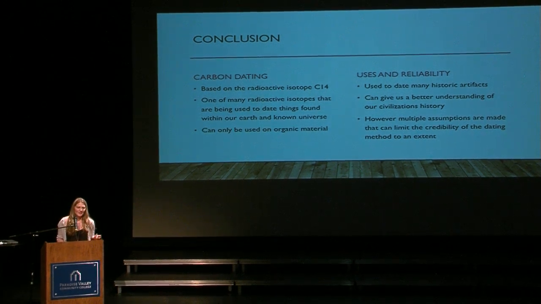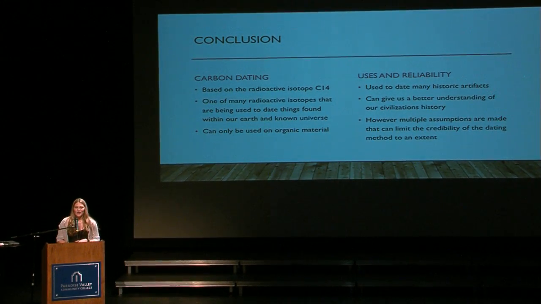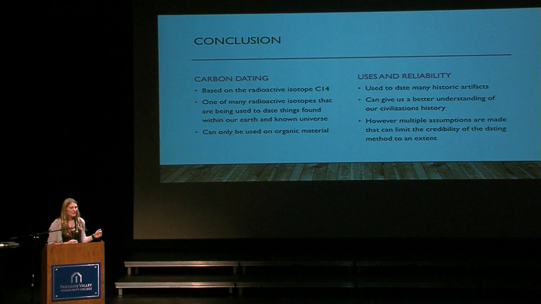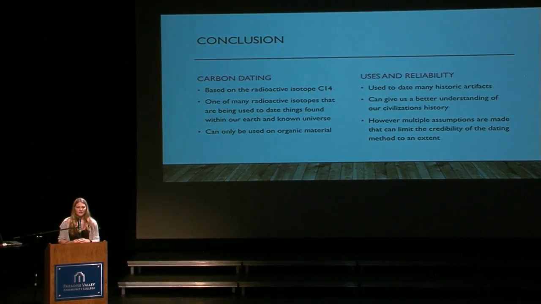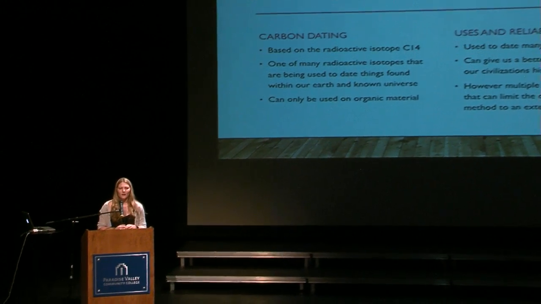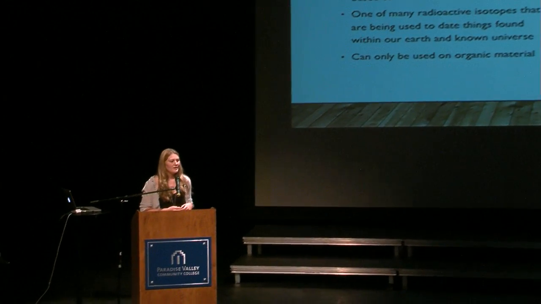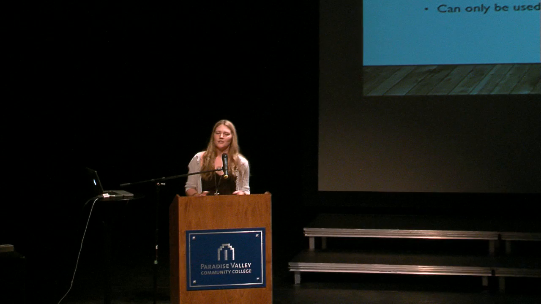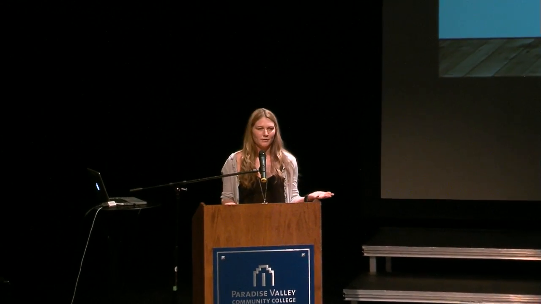And that's what I concluded after all my research, that even though I do believe in the math and the science behind carbon dating, and I think it is obviously very good, there are some assumptions that are made that people do have a means to question. Whether or not they're valid would require further research, but I think that they do have a means to be skeptical of it. And that's my presentation.